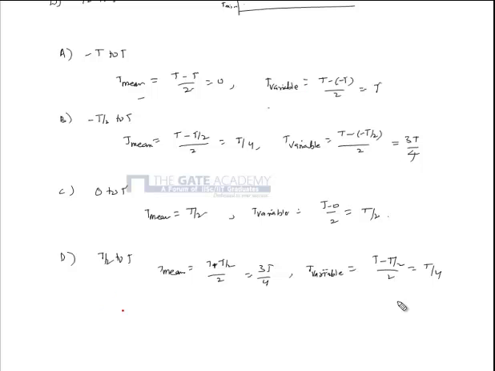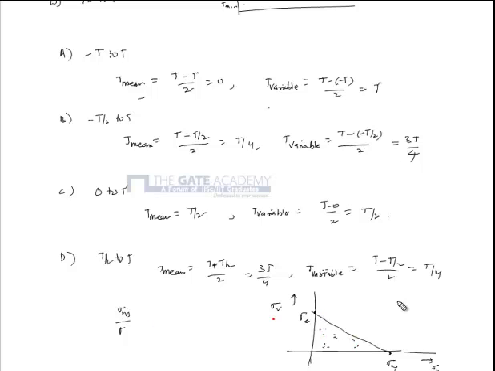Now, the Soderberg criteria: you have the yield strength as the limiting point on the mean stress axis, where you're plotting mean stress on the x-axis and variable stress on the y-axis, and the endurance limit is the limiting point. All points under this line are safe.